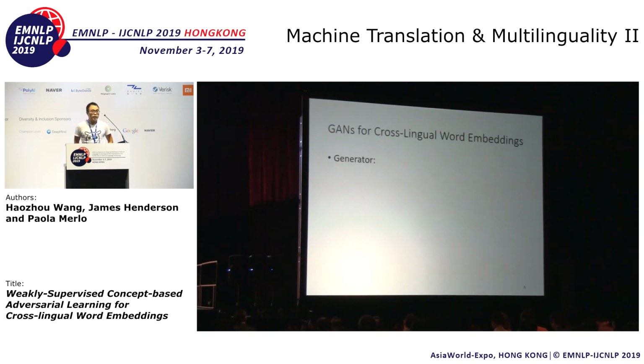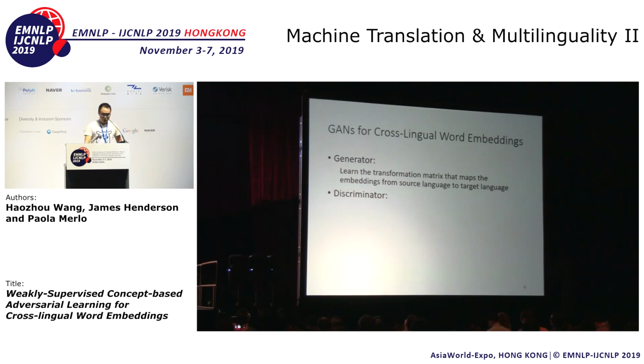When we use GAN for cross-lingual word embedding, the generator learns the transformation matrix that maps the embedding from the source language to the target language. The discriminator detects whether the input comes from the target language or not. Here you can find the general objective function of GANs for cross-lingual word embedding.